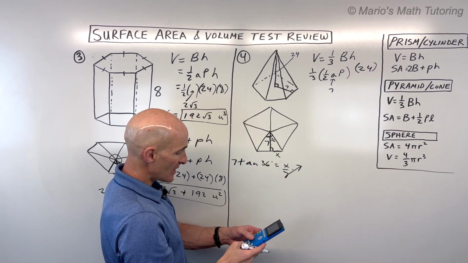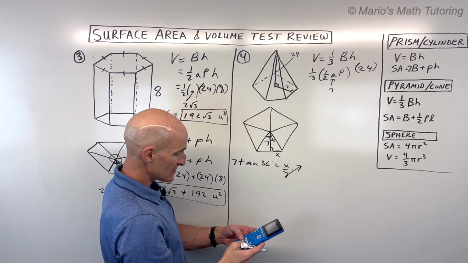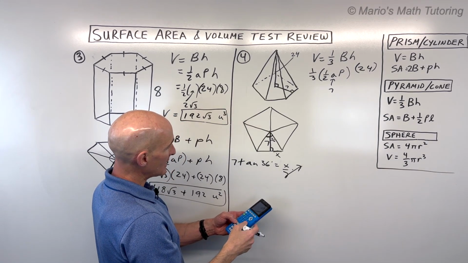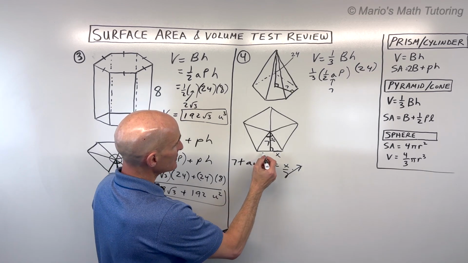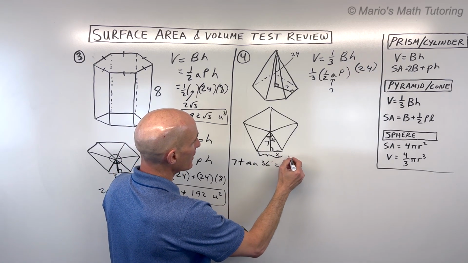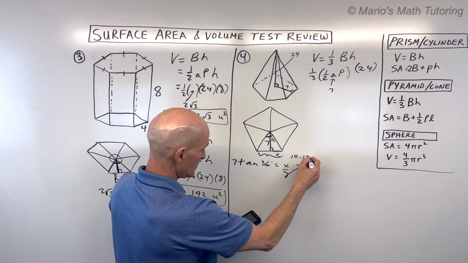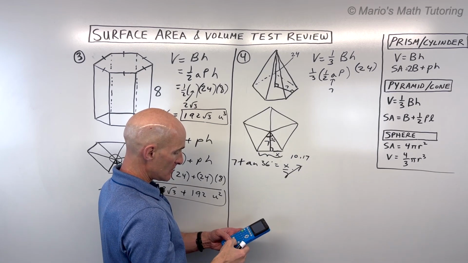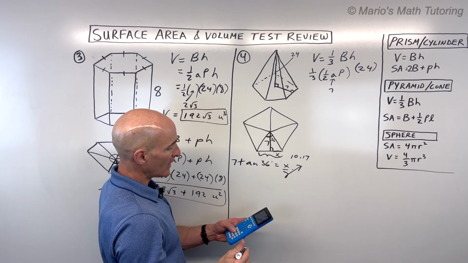This one we're going to have to use the calculator on, so tan 36 times 7. I'm getting about 5.08. I'm going to multiply that by 2 to get this whole side length here. So this whole side length is about 10.17. But I really need the perimeter, so I'm going to multiply that by 5. So I'm getting about 50.86.